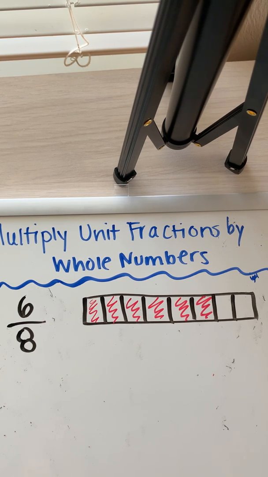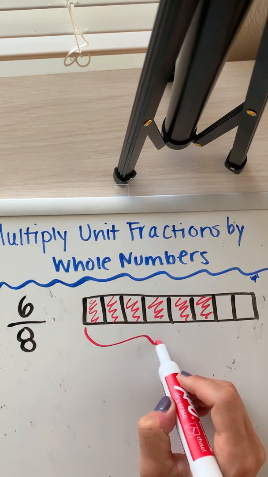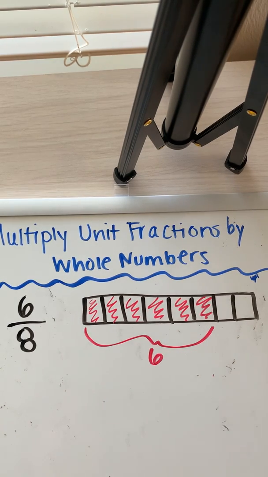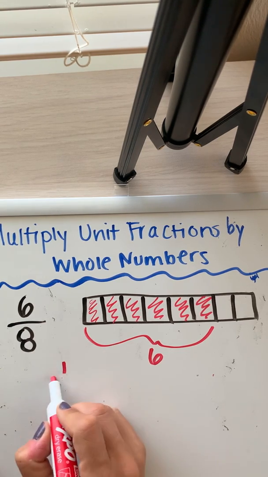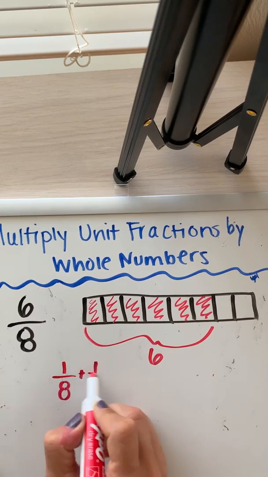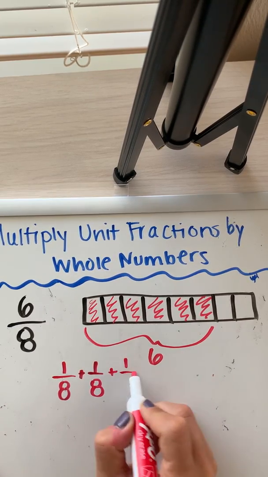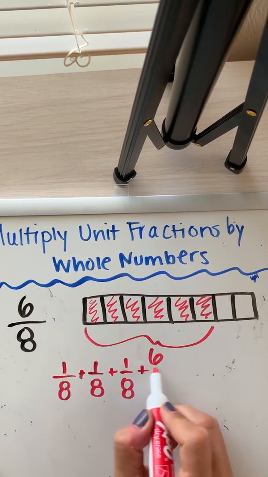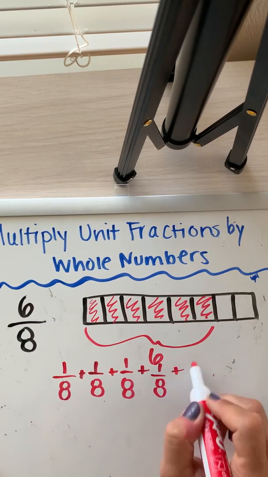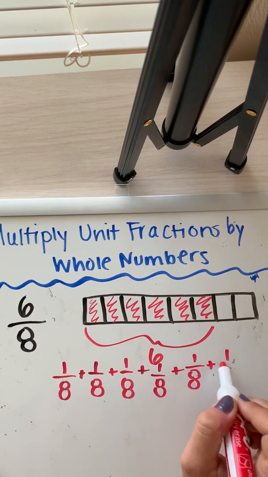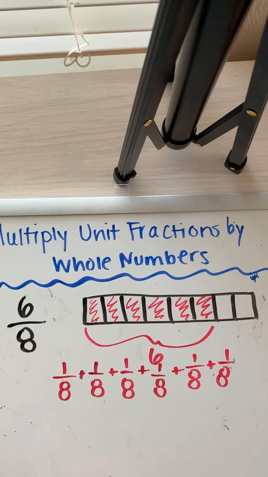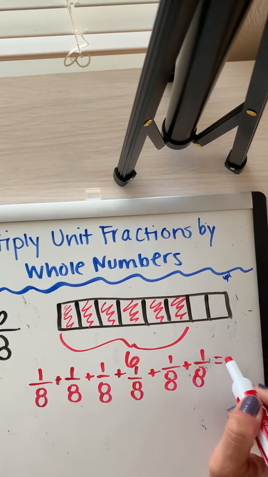I know my unit fraction is going to be 1/8, and I have 6 pieces colored in. So I know that I will have 1/8 plus 1/8 plus 1/8 plus 1/8 plus 1/8 plus 1/8. Now that's a lot to write, right? That's kind of a pain.